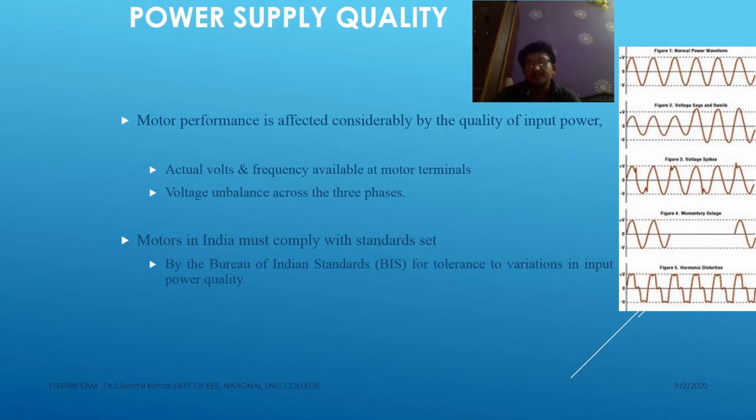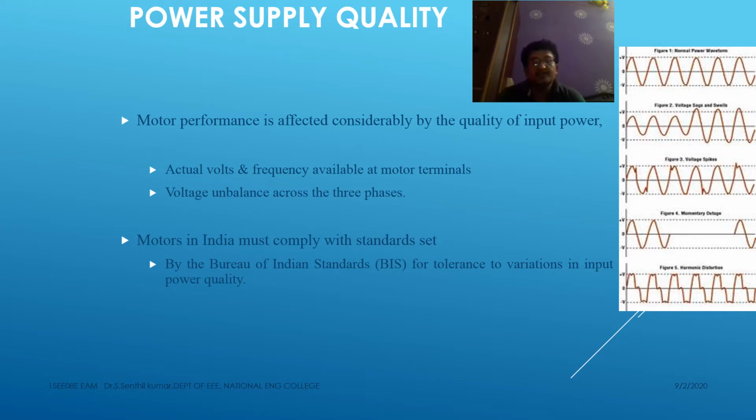Another one is the frequency at the motor terminal. If the frequency is less than 50 hertz, the output of the motor gradually goes down.